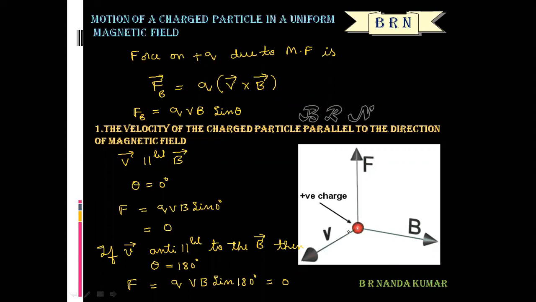If V vector is parallel to B vector, force is 0. If V vector is perpendicular to B vector, the force acting on the charged particle is maximum. If V vector is parallel to B vector, the force is 0.